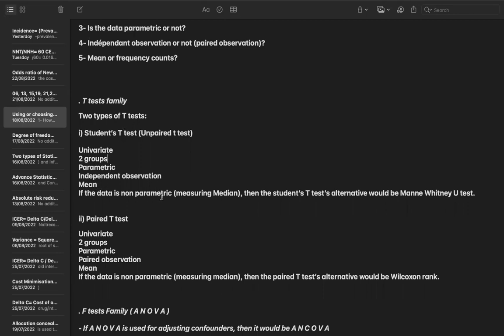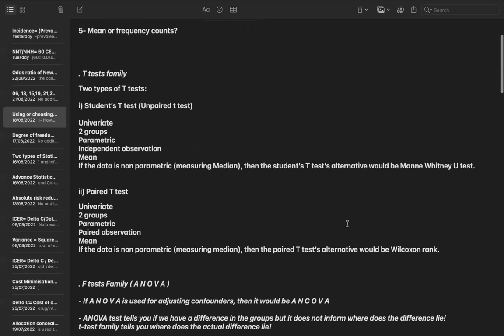If the data is non-parametric, that means we are measuring median instead of mean, then the student t-test alternative would be the Mann-Whitney U-test. Similarly, for the paired t-test, if the data is non-parametric, meaning we are measuring median instead of mean, then the paired t-test alternative would be Wilcoxon.